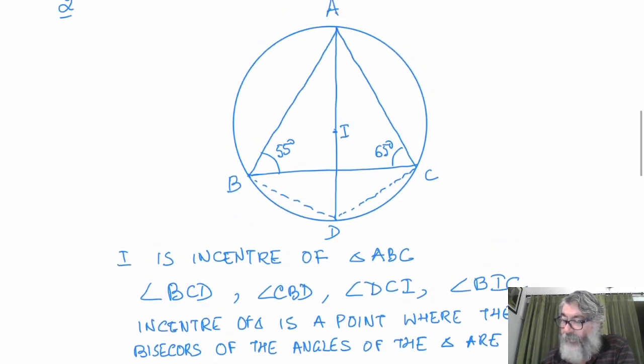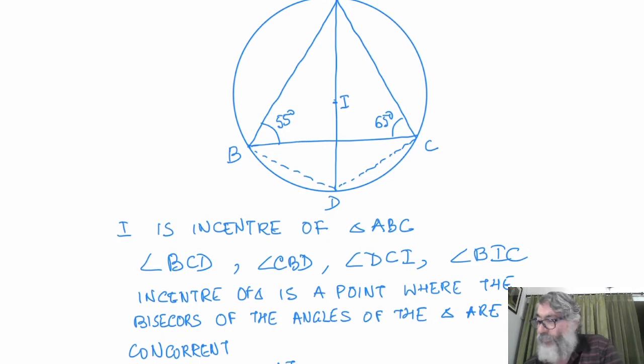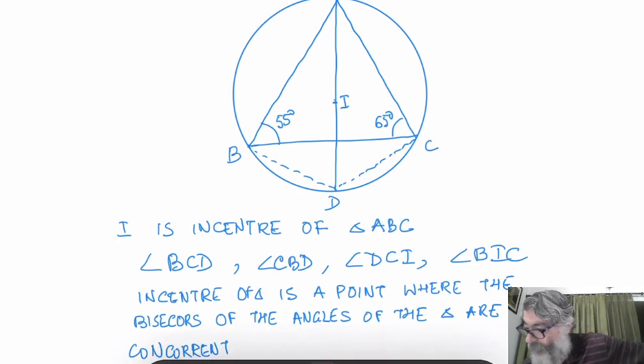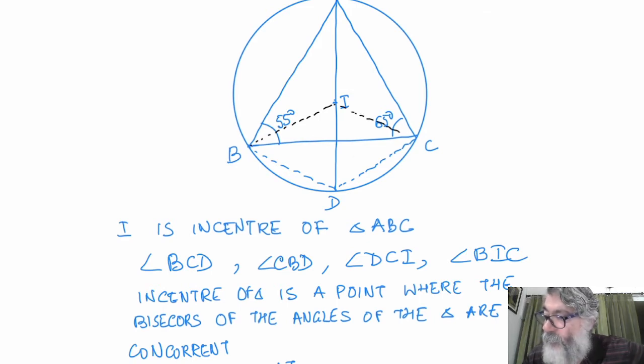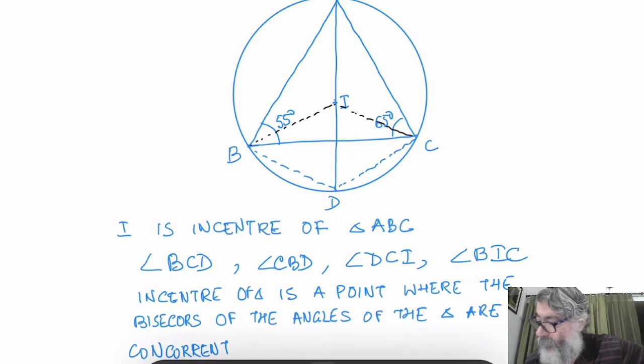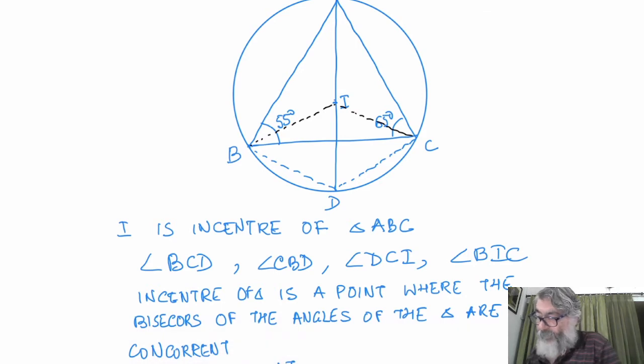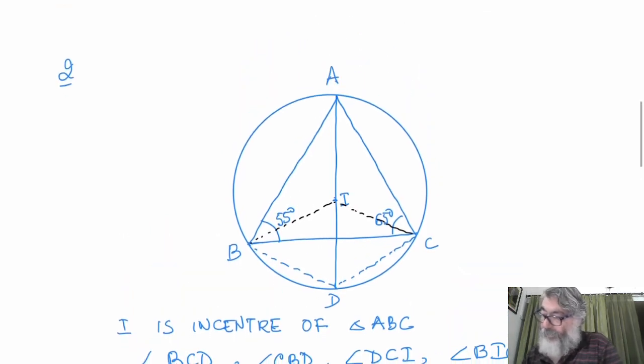It means what actually? It means angle BAI is equal to angle CAI. It also means, if I join, and let me take another color, BAI is equal to this.